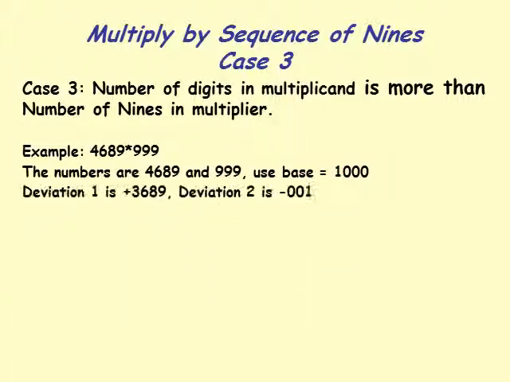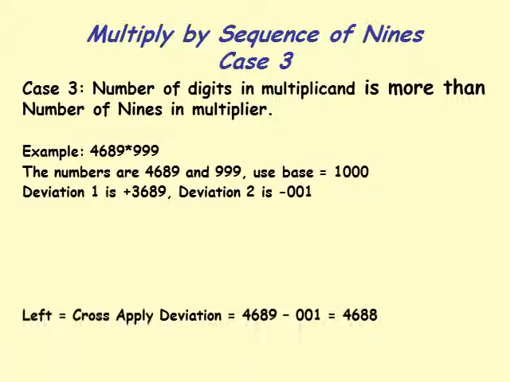Okay, let's continue. So deviation 1 is plus 3689, which is 4689 minus 1000. Deviation 2 is minus 001, which is 999 minus 1000. The 1000 has 3 zeros, and I will try to keep 3 digits in the deviation. I know there are 4 here on the first deviation, but where I can use fewer digits, I'm trying to use 3.